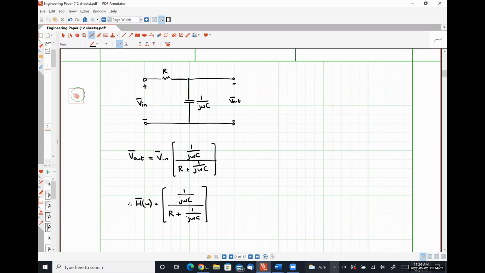I hate fractions inside of fractions. So what I typically do in a case like this is I would multiply through by a factor of j omega C over j omega C to clear out those fractions.